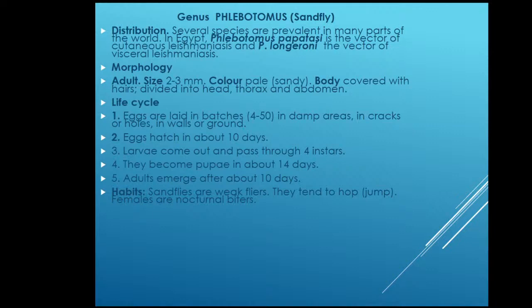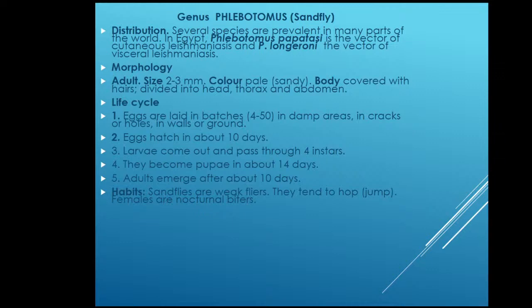The eggs are laid in batches, in damp areas, in cracks, in holes, in walls or ground. After 10 days, the eggs hatch. The larva comes out and molts 4 times.